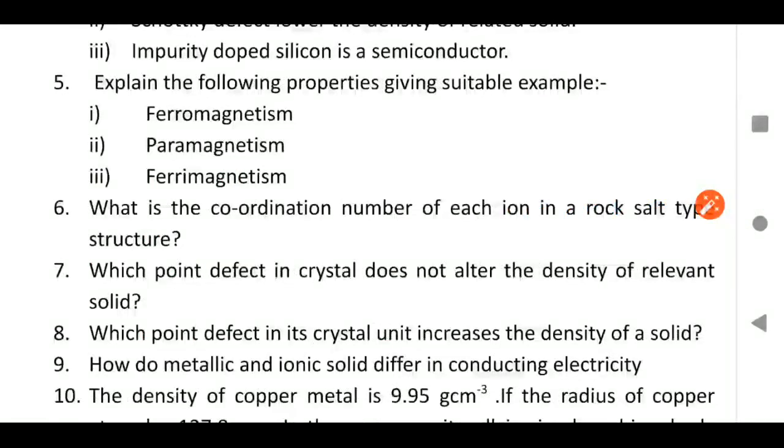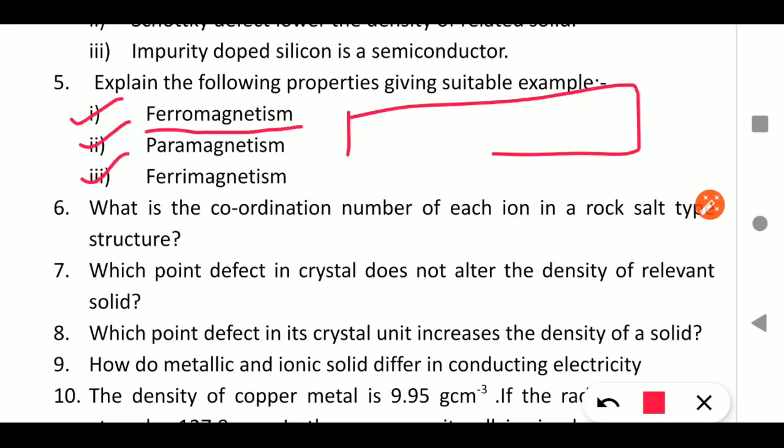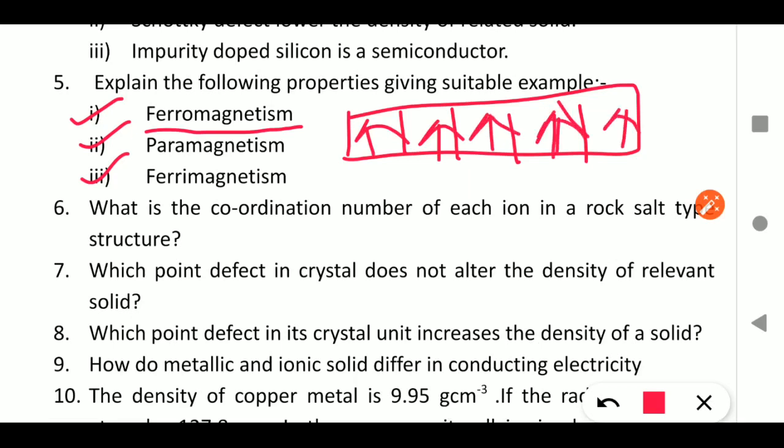Question number 5, explain the following properties giving suitable example. For suitable example, you will watch video number 10. Already I have discussed ferromagnetism, in which the magnetic moment of each individual electron reinforces the applied magnetic field. This is the individual alignment or magnetic moment of the electron, and this is the applied magnetic field.